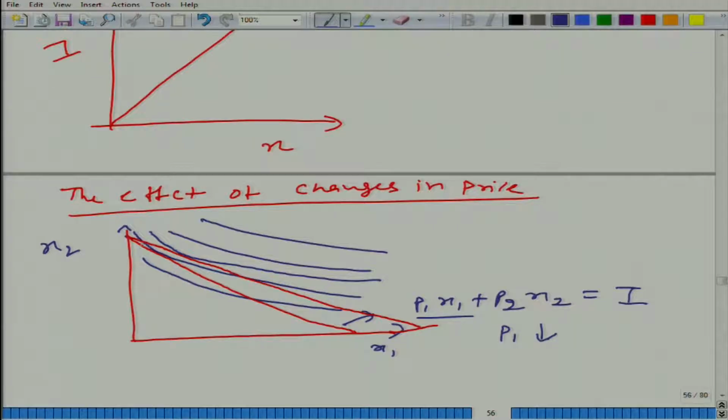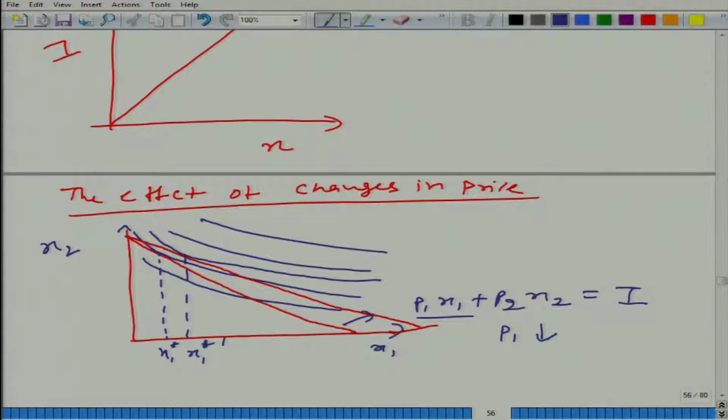Okay. So, earlier we had this x1 star, the new x1 star, let us denote it by dash. So, what is happening in this particular case? The amount of good 1 demanded has increased, but that is not the idea.